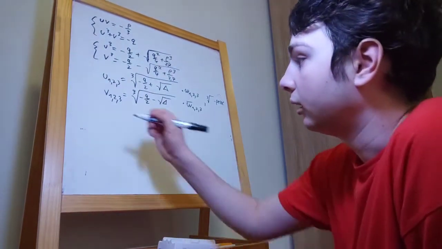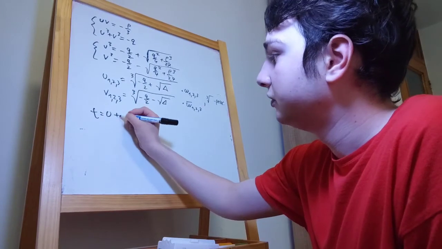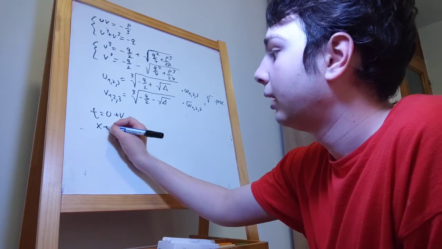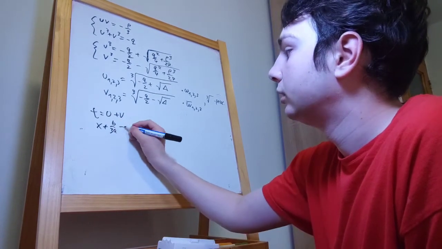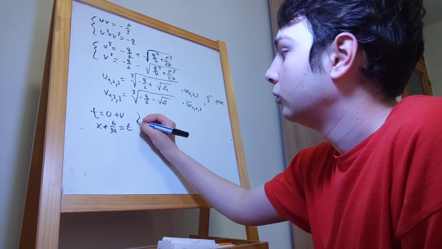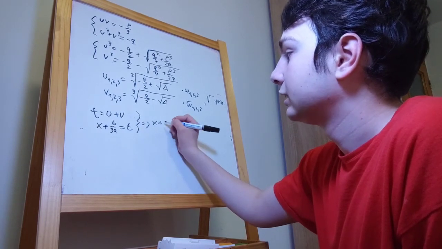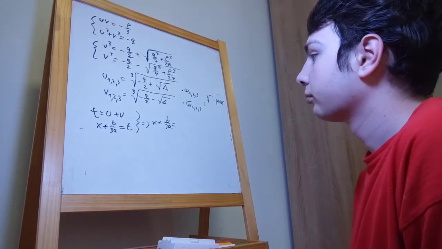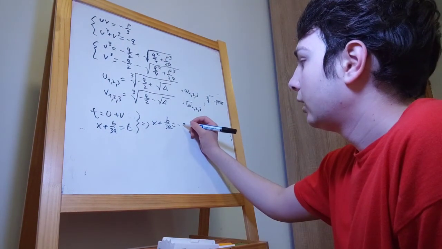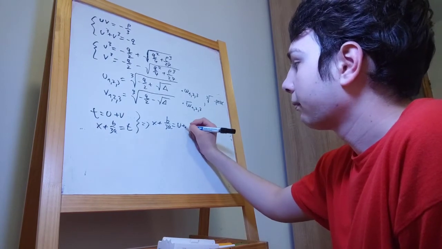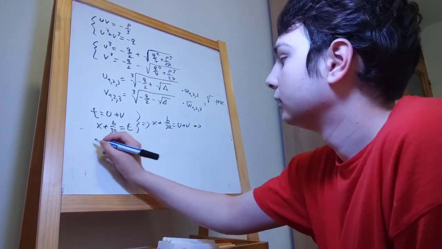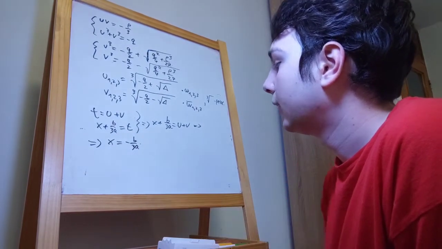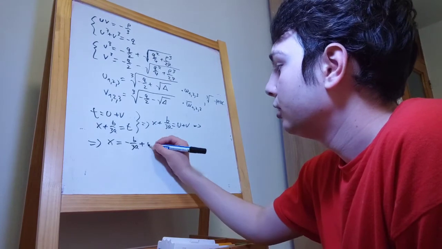And now recall t is equal to u plus v. x plus b over 3a is equal to t, which yields x plus b over 3a is equal to u plus v, which means x is minus b over 3a plus u plus v.